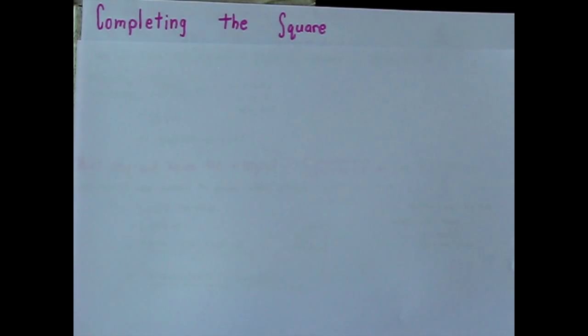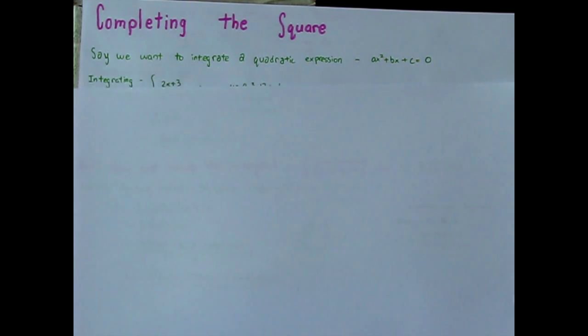Okay, another technique for integration is by completing the square. Say we want to integrate a quadratic function, ax squared plus bx plus c equal to 0. Integrating the integral of 2x plus 3 over 4x squared plus 12x minus 1 dx is easy enough.